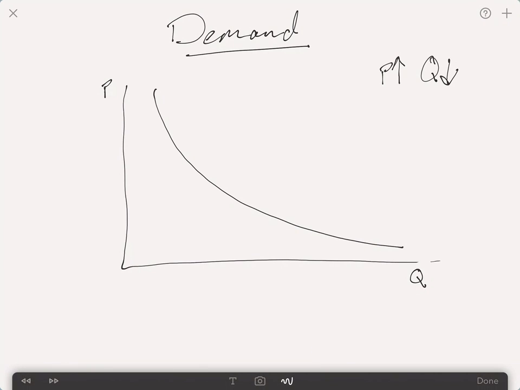So there are a few different factors affecting demand. One is price. One is the number of consumers. So let's back up here.